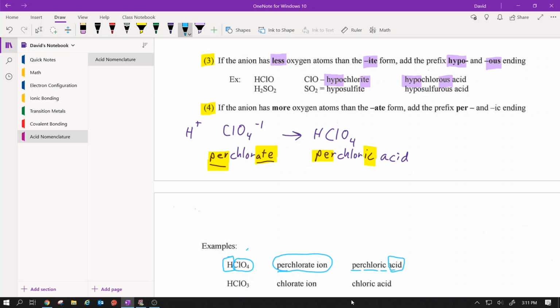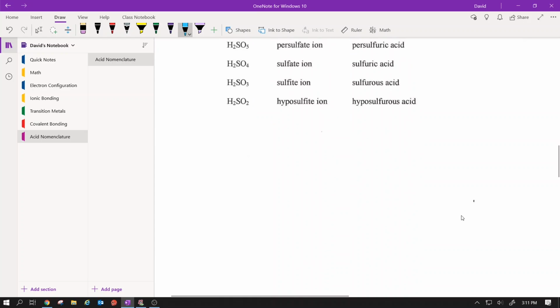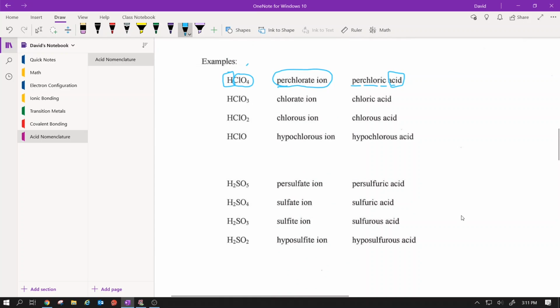Now here's something that I want you to notice. I think we will have another example below. All right, I'm going to roll down, but I'll roll back in a minute if we need to. Here's what I want us to notice. If you've got HClO3, you've got chloric acid.